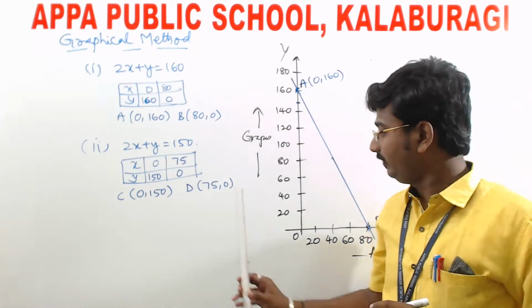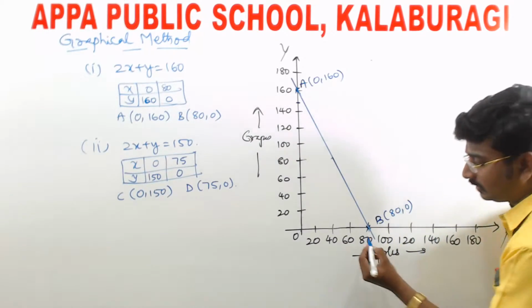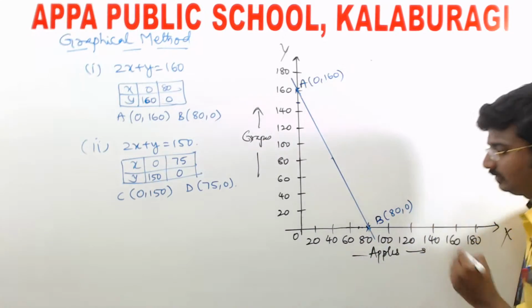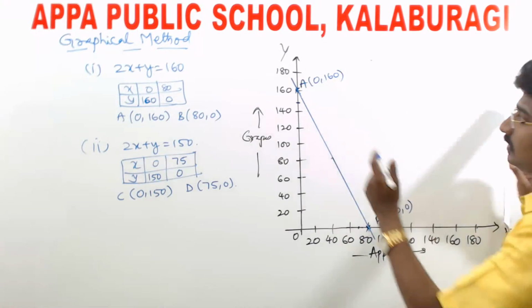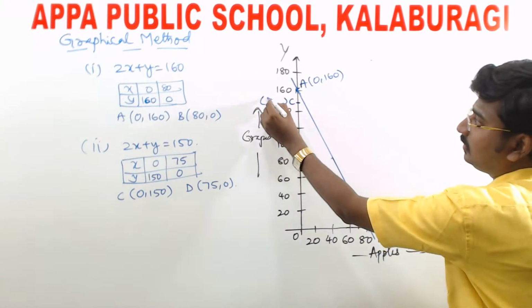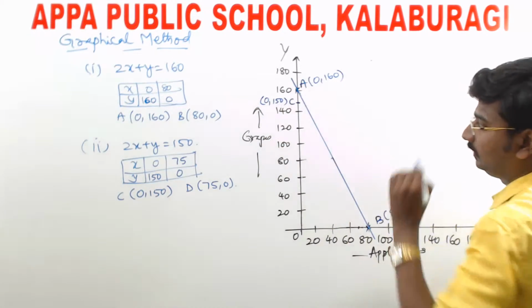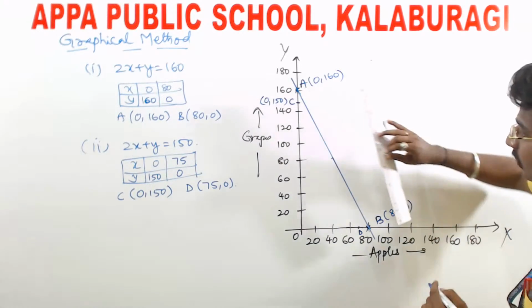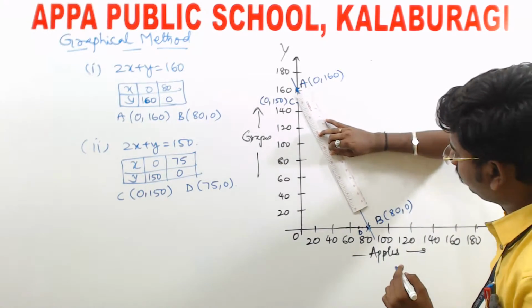And next is (75, 0). This would be 70, right? Somewhere around this point, I will take the 7th or 8th. So this is C, that is (0, 150), and this is point D, which is (75, 0). Let me draw the parallel line.